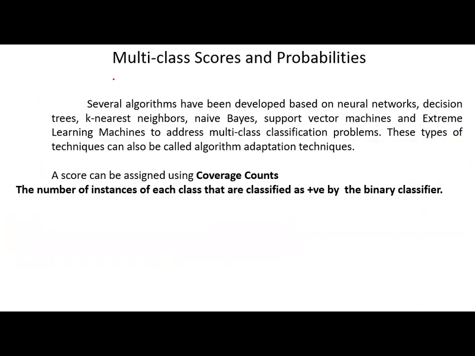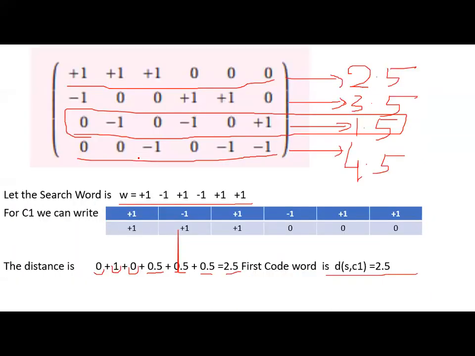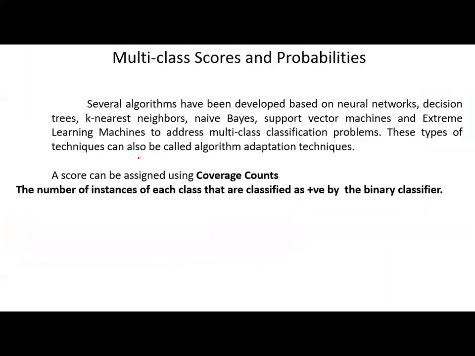Next, we look at multi-classification as binary classifiers. The next one is called multi-class scores and probabilities.